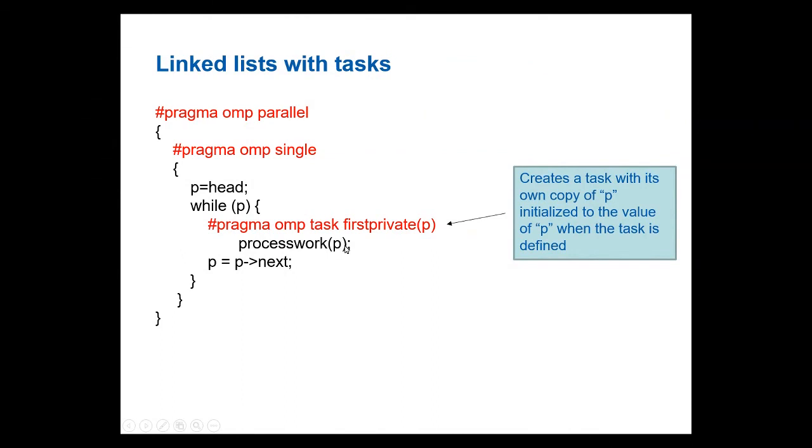So in this case, basically one thread will work on one element of the list, and the other threads will keep moving one by one, and when they pick up and finish the tasks, the job will be done at the end. So in this case, it makes OpenMP able to handle this type of application.